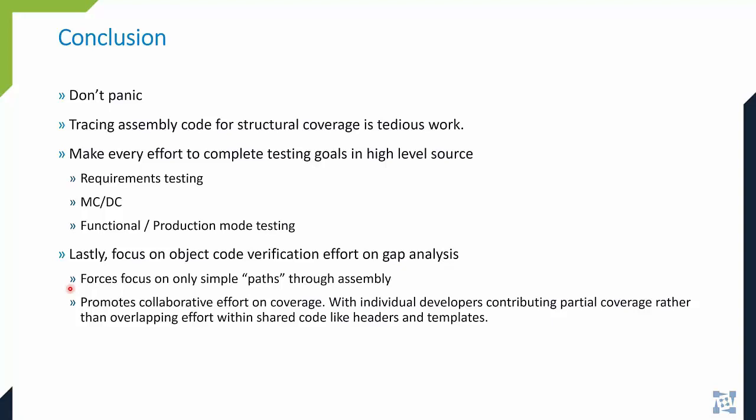And also, because we're able to amend or update that coverage with different small portions of unique coverage for specific testing purposes, it promotes a more collaborative coverage effort with individuals contributing partial coverage or gaps rather than overlapping their effort on shared code, specifically code like functions defined in headers and template instantiations.